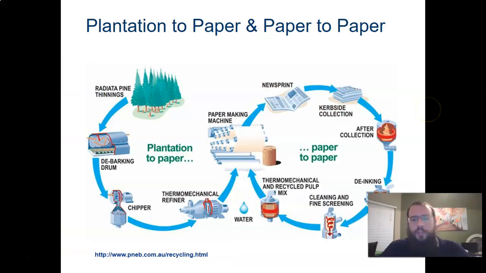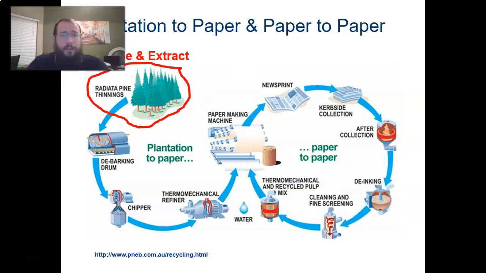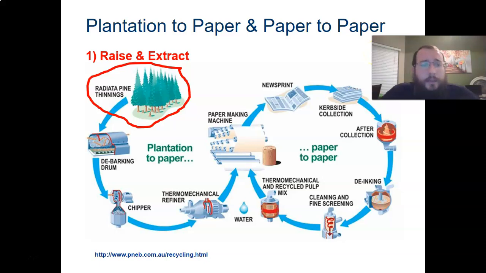One of the last things I want to show you here is the process to paper. Step one is raise and extract. So that would be cutting down trees. And you might think, oh, deforestation, that's not very environmental, but there actually are tree farmers, and there's a lot of them.